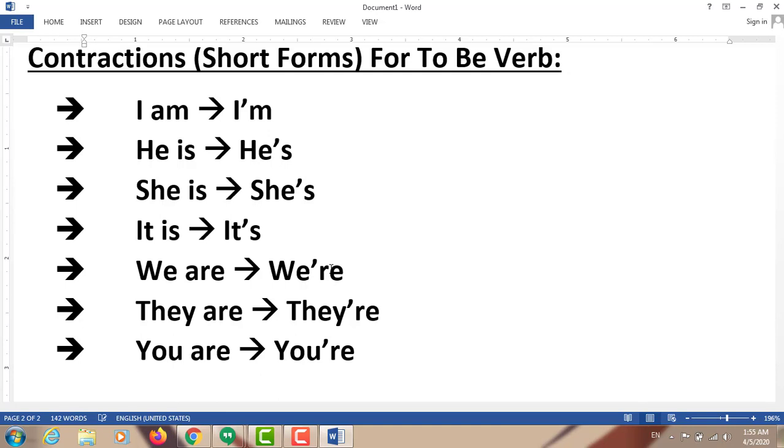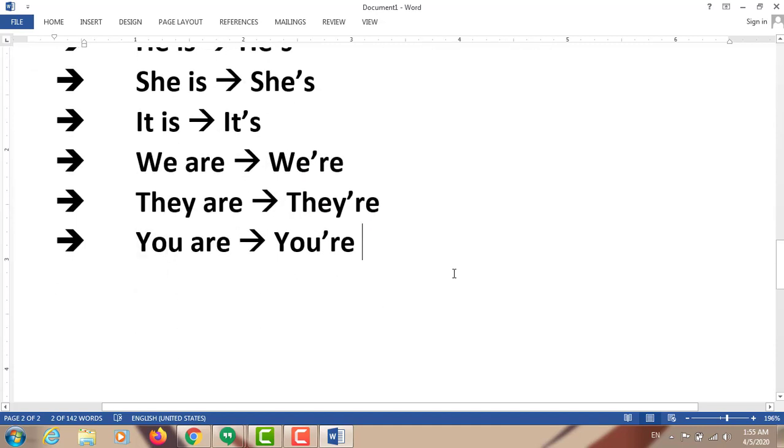Okay, so now let me tell you about these pronouns, like I, he. I want to explain which ones are used for what people. First, using pronouns.